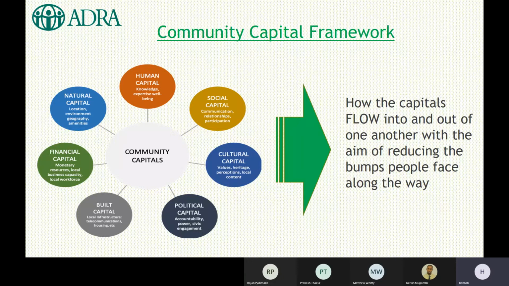What have we learned from the community? And what have we also given to the community? How are the synergies, and how should we ensure that our programming is within this kind of framework to ensure that we leave the community stronger than we found them?